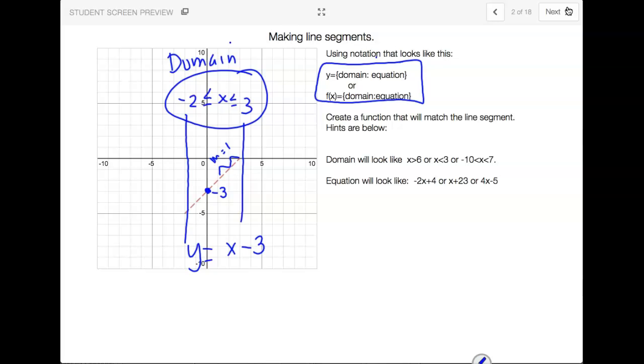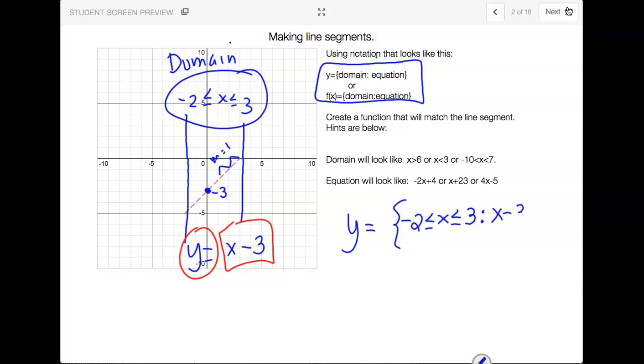So you're going to be typing y equals, and then a brace. Our domain was -2 is less than or equal to x, which is less than or equal to 3. Then we need a colon, and then we're just putting the expression here in. Since we already have this y equals at the beginning of our statement, we don't need to put that in again. So we would just put in x minus 3 here, and then close that off.